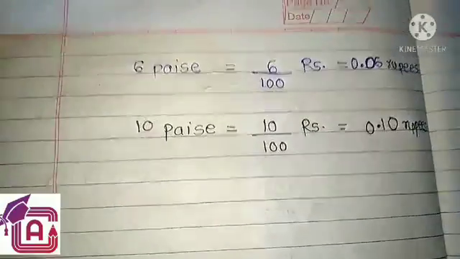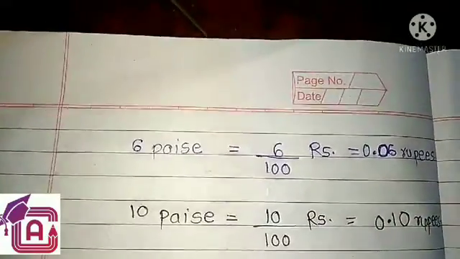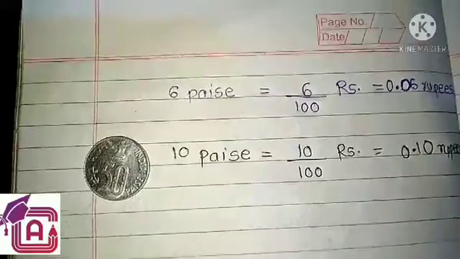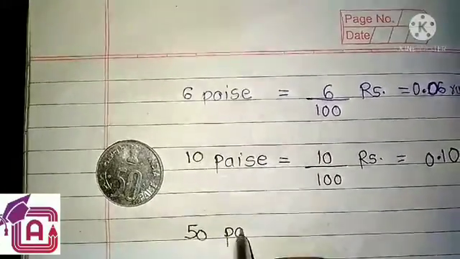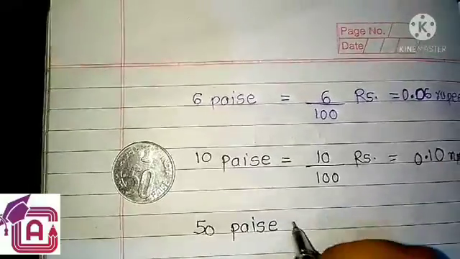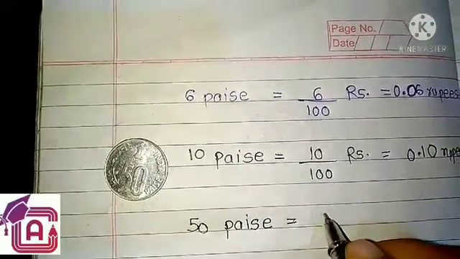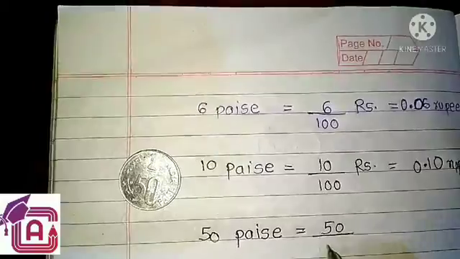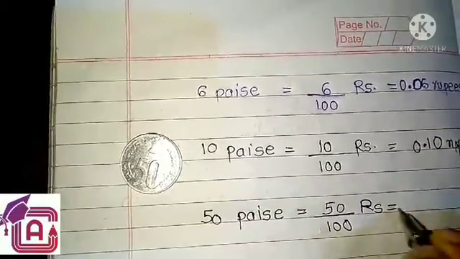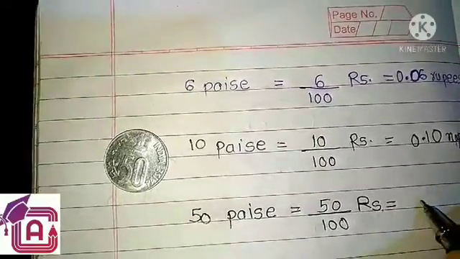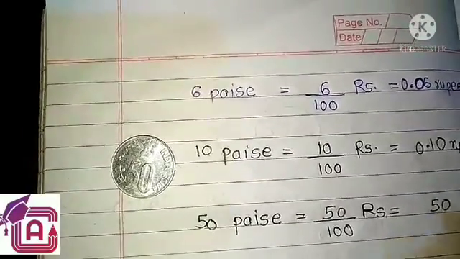So similarly, if I have to convert 50 paise into rupees, how do we convert it? 50 paise is equal to 50 parts out of 100, so 50 upon 100 rupees. How to write it? First write down 50.